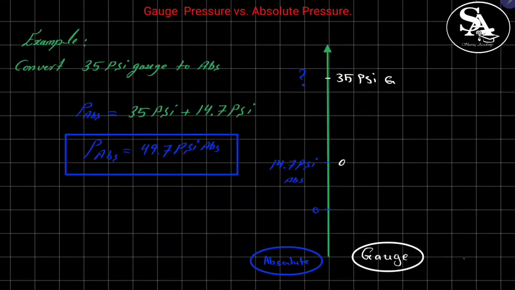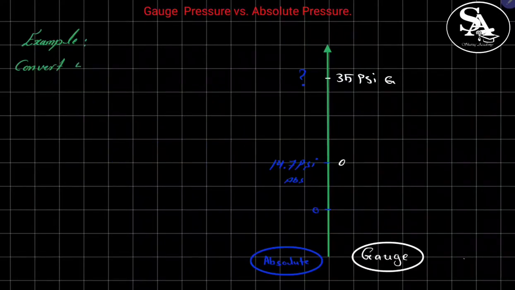Okay, let's do another example, but this time I will convert absolute pressure to gauge pressure. First, let's clean up a little bit. This time, convert 50 psi absolute to gauge pressure.